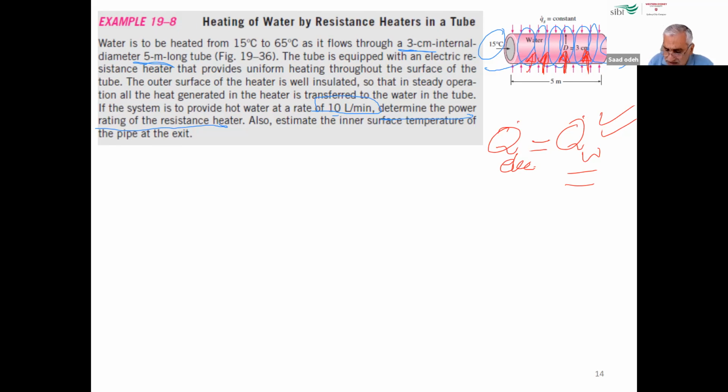As you can see, it is constant heat flux. Therefore, we can use the first form of equation presented at the beginning of the lecture. So we will find this out very soon.